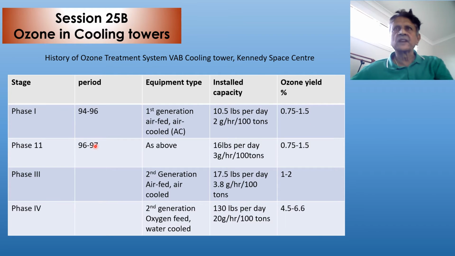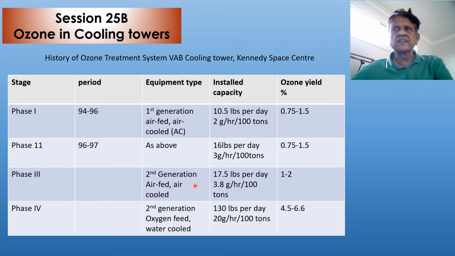In phase 2, in 1996-1997, they were able to increase the dosage or production capacity to 3 grams per hour per 100 tons rather than 2 grams per hour per 100 tons, and the yield was about 0.75 to 1.5.